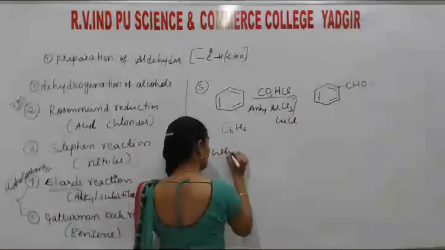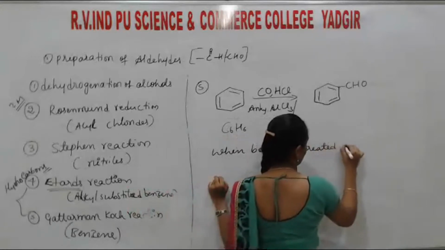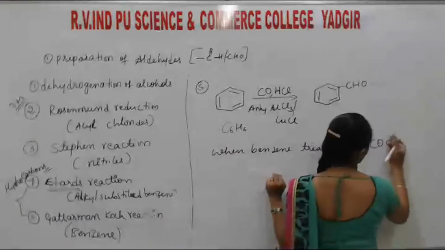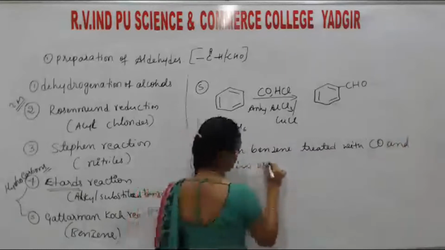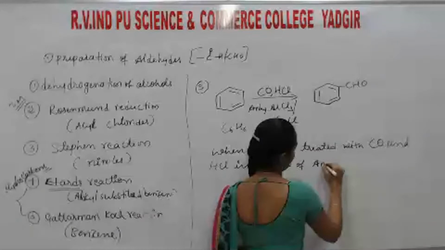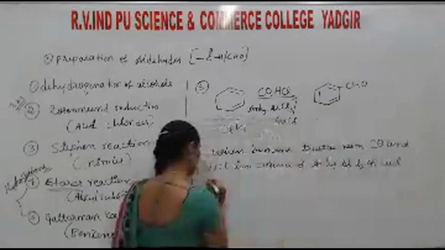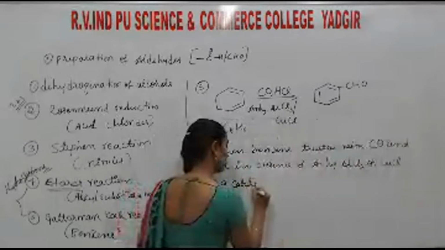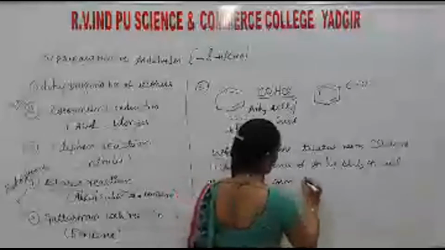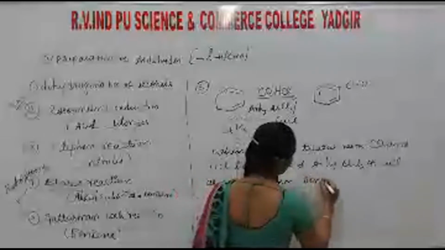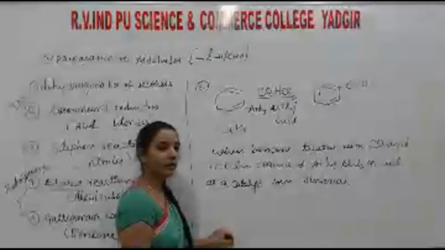So how to write? When benzene is treated with carbon monoxide and HCl, with CuCl as a catalyst, it forms aldehyde, especially benzaldehyde.